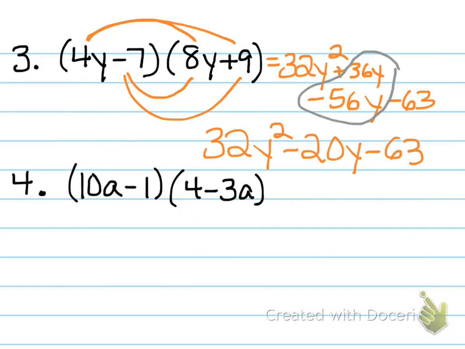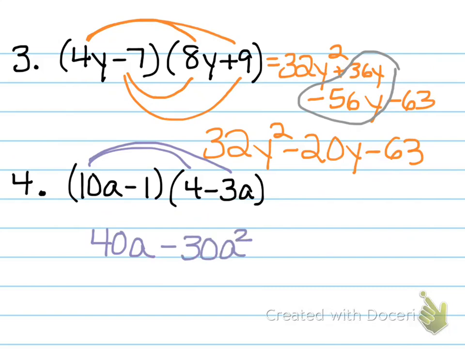All right, number 4. This one's different just because our A is on the very right and on the very left. But again, the same process. You're going to do 10A times 4, and you're going to get 40A. 10A times negative 3A is negative 30A squared. Negative 1 times 4 gives me minus 4.